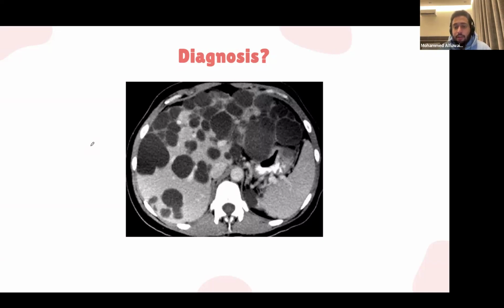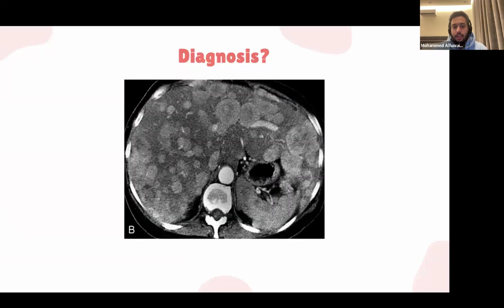For hepatic cysts, these are multiple hepatic cysts, which are associated with what exactly? Polycystic kidney disease. You might see hepatic cysts in either autosomal dominant or autosomal recessive PKD. To know that these are cysts, look at the density. It's very, very low density. So this is a cyst.